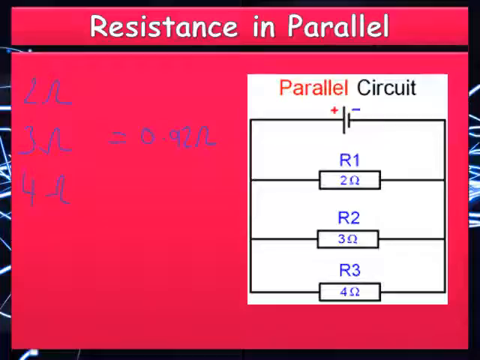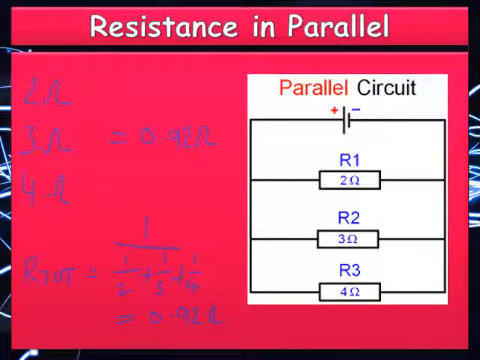Okay, so what that actually says is that R total equals 1 over, let's get slightly complicated, 1 over 1 over 2 plus 1 over 3 plus 1 over 4, which equals, of course, 0.02 ohms.